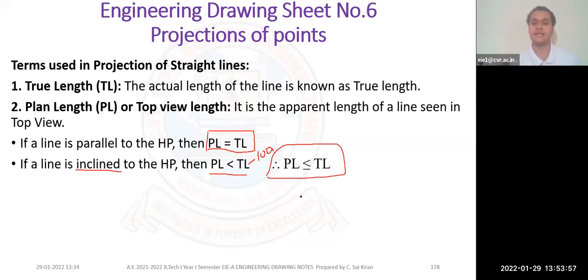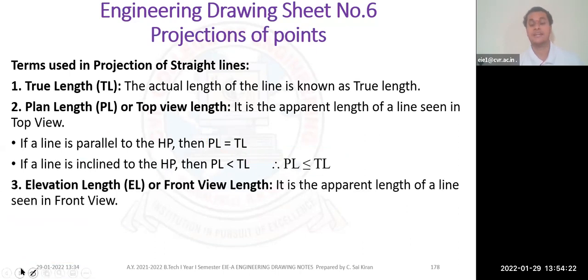Whenever we give any inclination, 1, 10, 20, 30, 60, 90 degrees, the length will reduce. The maximum length is the true length. Either the plan length will be equal to true length if it is parallel to HP, or, whenever it is inclined, plan length is less than true length.